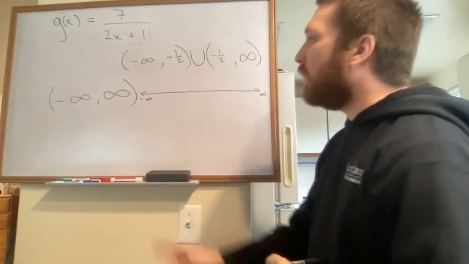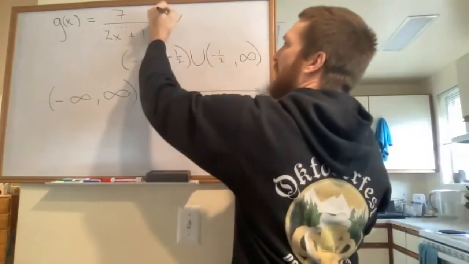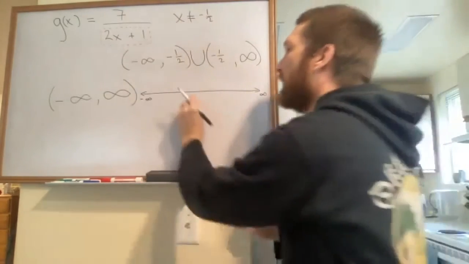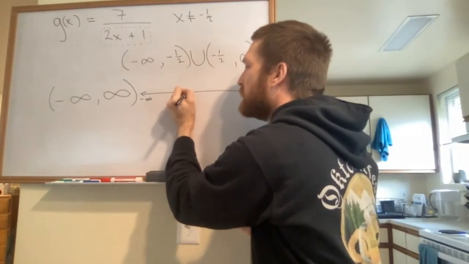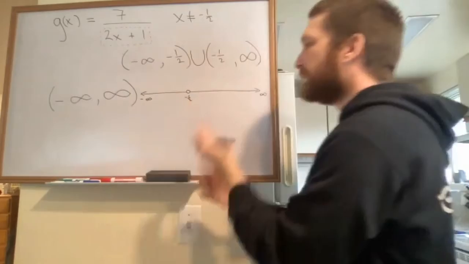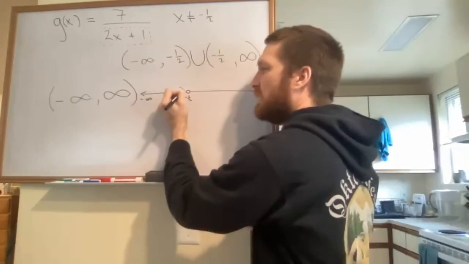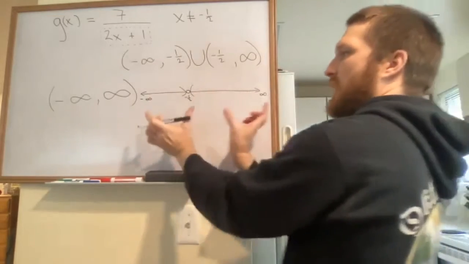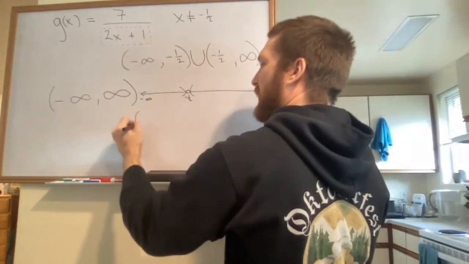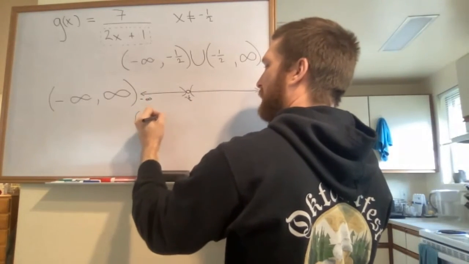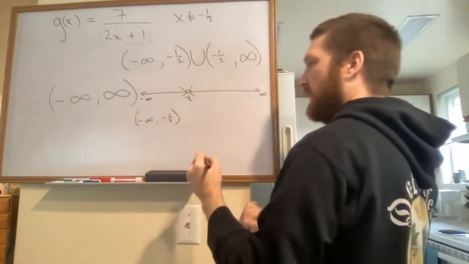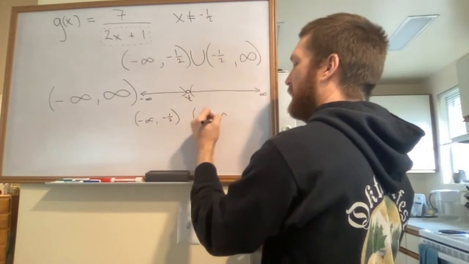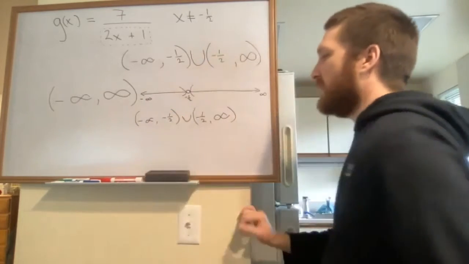And then I think, well, wait a minute, we just found that x cannot equal -1/2. So I have to pull out -1/2. What does that leave me? It leaves me these two intervals: from -infinity up to -1/2, and then the ones past -1/2 all the way up to infinity, union those together.